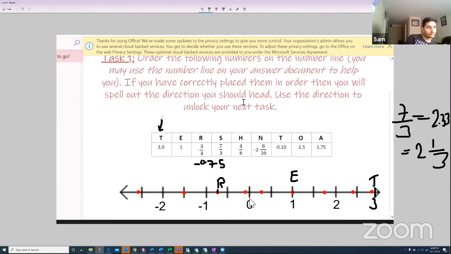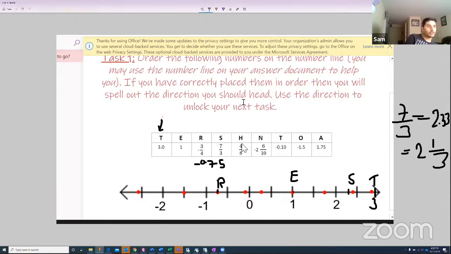So go to the positive side. We have to go to the right side. This is 1 and this is 2. After 2, then we have to go 1/3 of the way. If you go 1/3, it might be somewhere right here, right? That means your S is going to be somewhere right here, just before this one, 1/3.